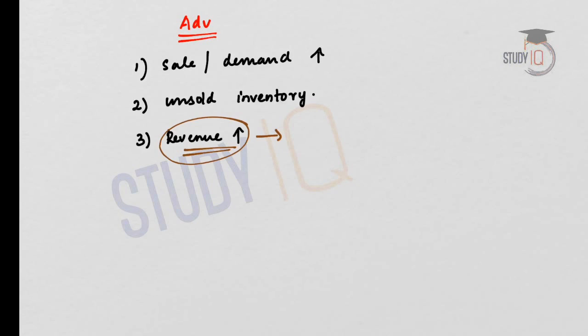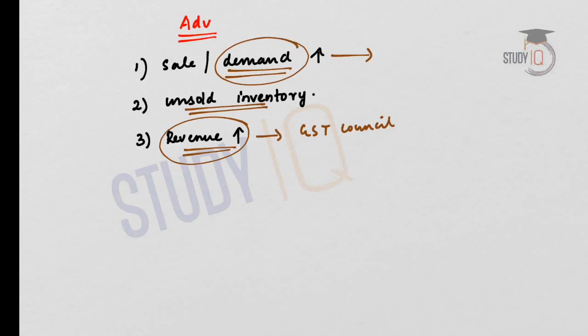This is the argument given by the GST Council. So there will be more demand for properties in the real estate sector, which will lead to more purchases, which will reduce the unsold inventory, and by more sales, the revenue loss from the reduction of tax rates will be compensated for the government as well.